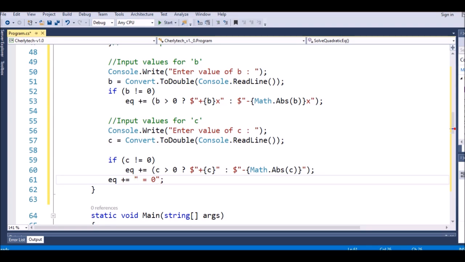This. So now is the time we complete getting the values for A, B, C.